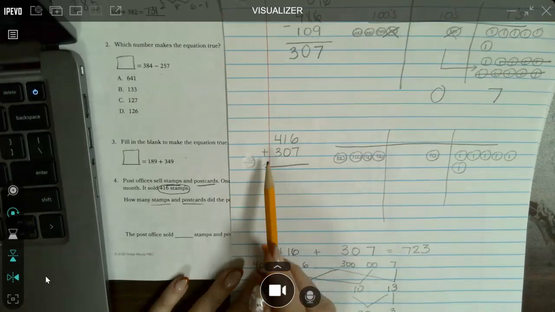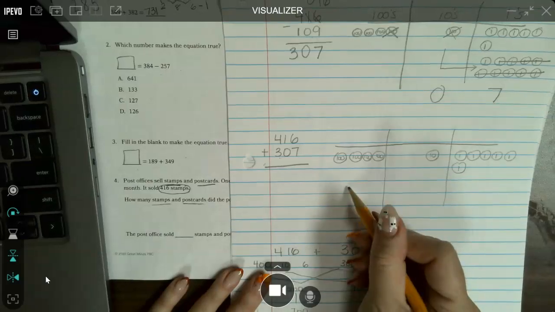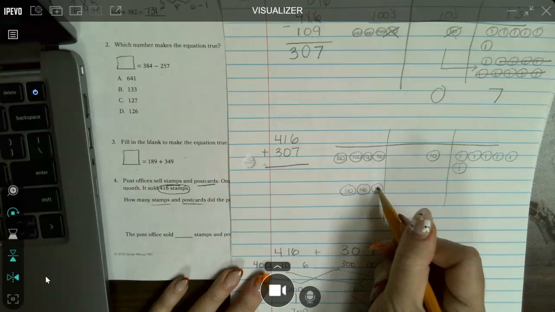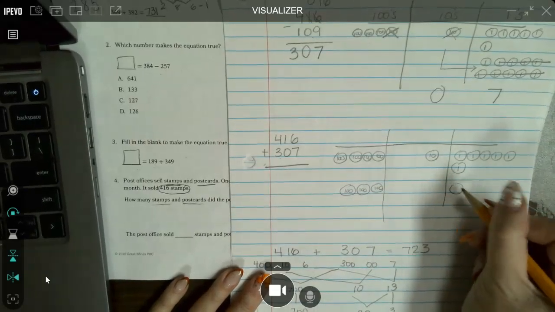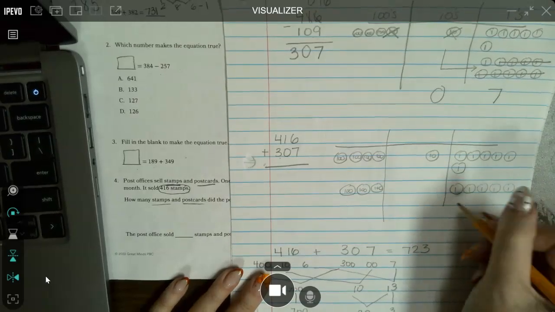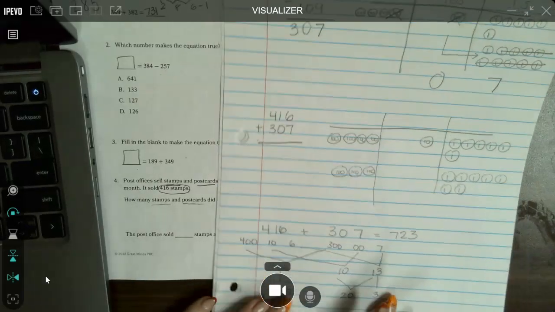And this time we are going to draw the additional amount because we're getting more. 100, 200, 300, nothing here. 1, 2, 3, 4, 5, 6, 7. Okay, adding up those amounts.